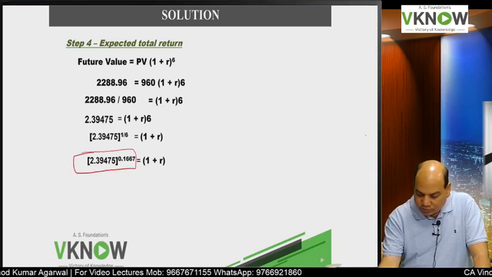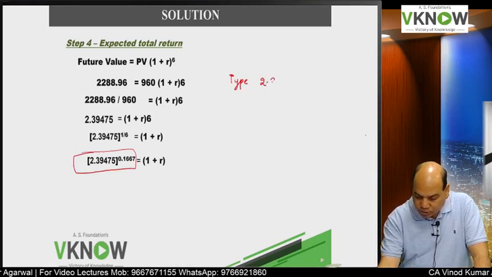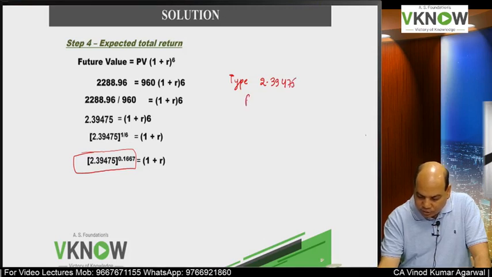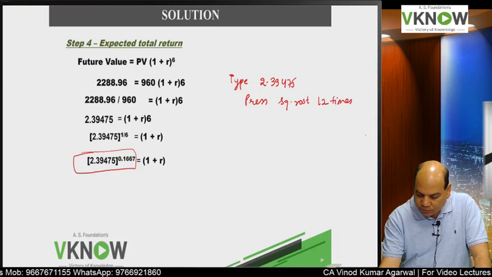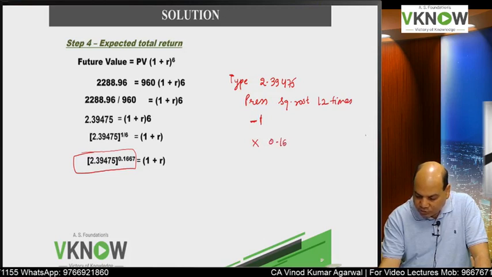One more time. First you type 2.39475. Then you press the square root function 12 times. Then you press minus 1. Then you press multiply by the power 0.1667.